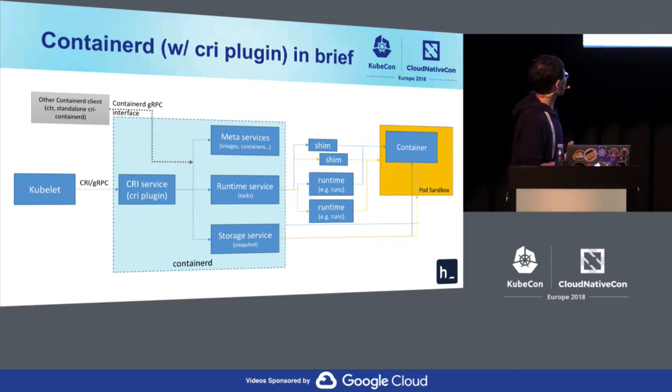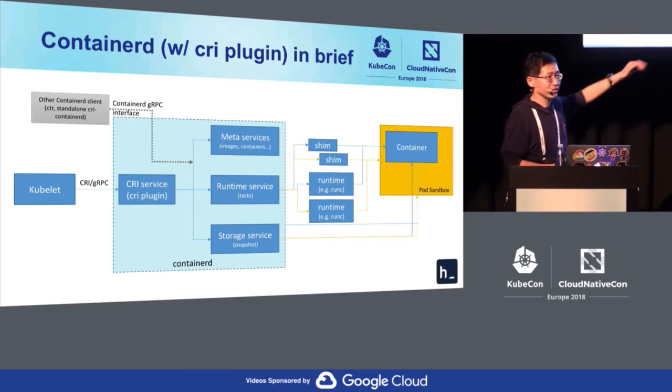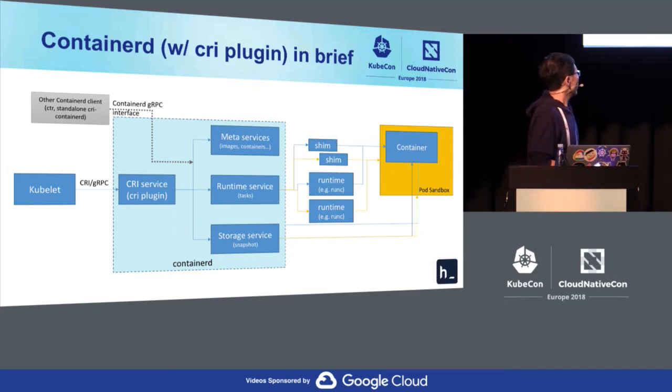The gray part is the original standalone CRI Containerd, and how it works. The kubelet will use the CRI to call the CRI service, the CRI plugin inside Containerd, and then Containerd will call the other services inside Containerd.